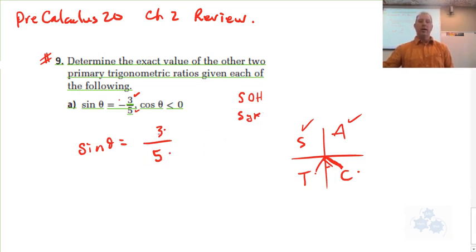So the reason why I say this is that this is the y value, right? And so y is either up or down. So that means that if we have negative 3 over here, then it's in this quadrant, the fourth quadrant. And it also says that cosine is less than 0, okay? So now we have a bit of an issue because cosine here is positive.